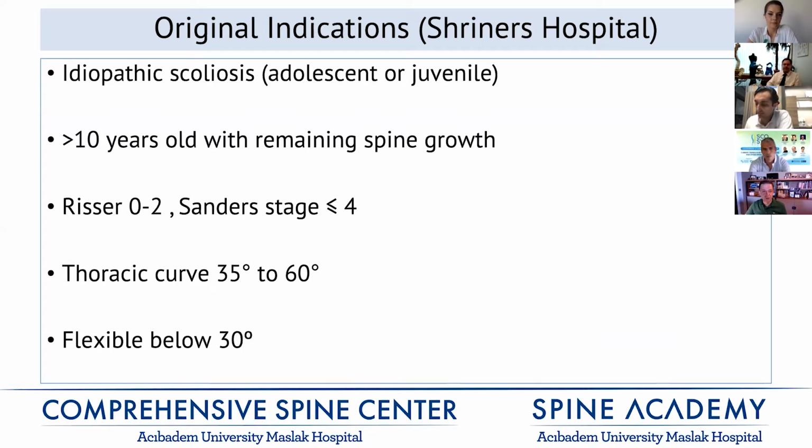They should be between Risser 0 and 2 with Sanders stage 4 or less. Thoracic curves between 35 and 60 degrees were determined in the beginning as the best candidates for this surgical method. One prerequisite was really important: the curves should be flexible, bending below 30 degrees.